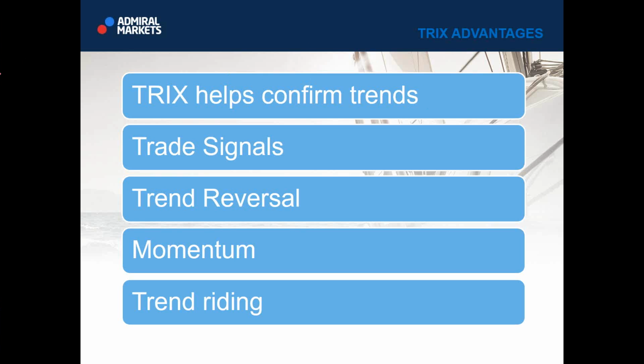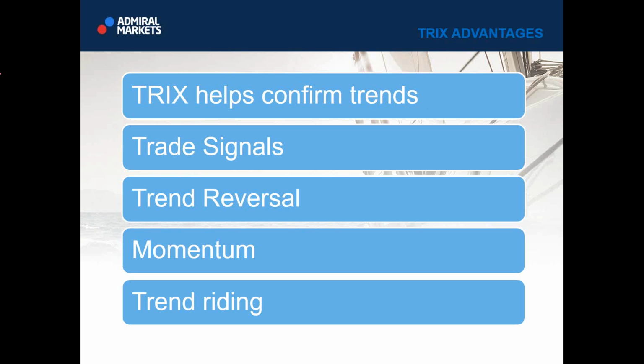If you think that the trend will continue, you can ride the trend with TRIX. So I use TRIX as a momentum indicator. A positive value suggests momentum is increasing. A negative value suggests momentum is decreasing.